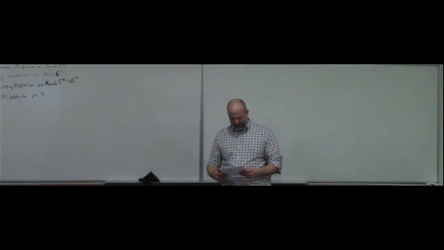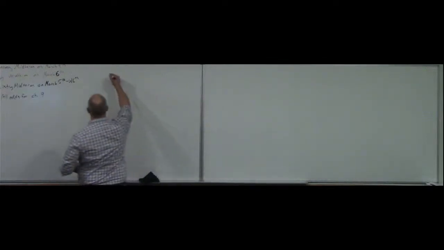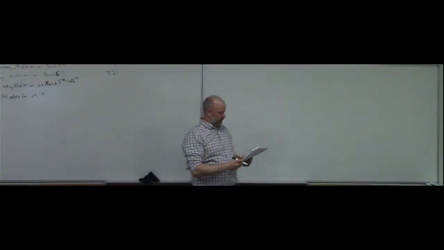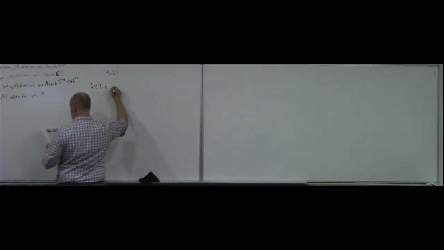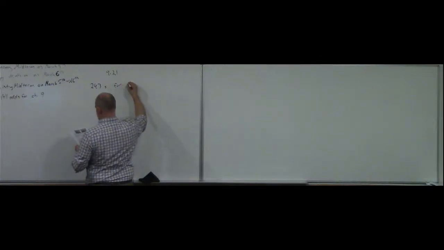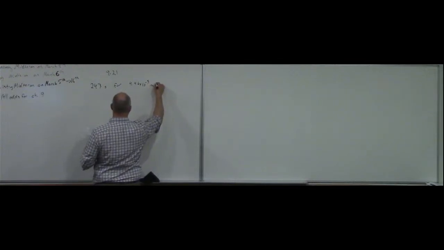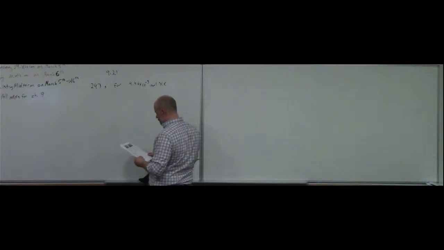All right, where were we? Sample problem 9.21. Nice, thank you, sir. So we're doing sample problem 9.21. Okay. This one says, it takes 243 seconds for 4.46 times 10 to the negative fifth mole of xenon to effuse through a tiny hole.